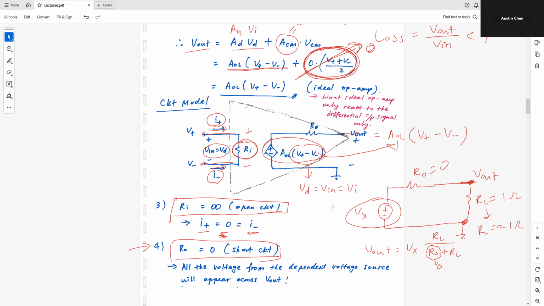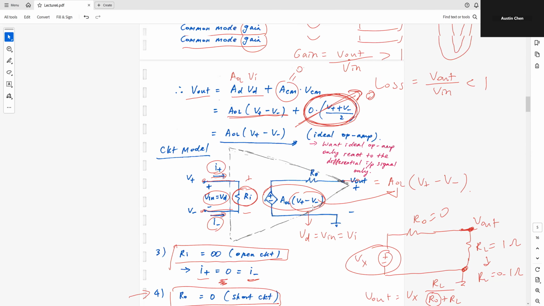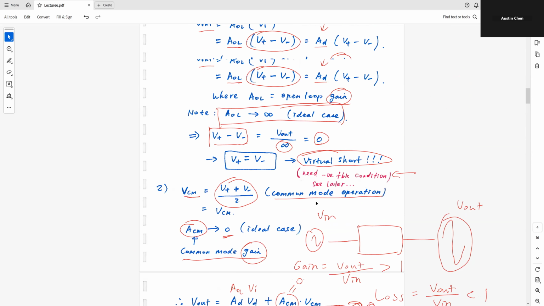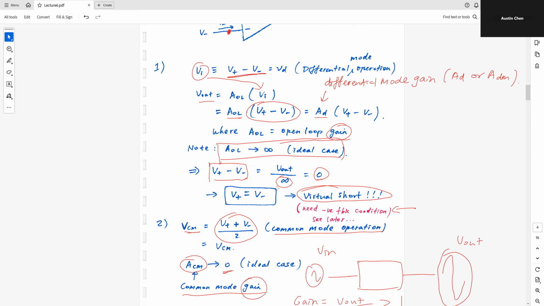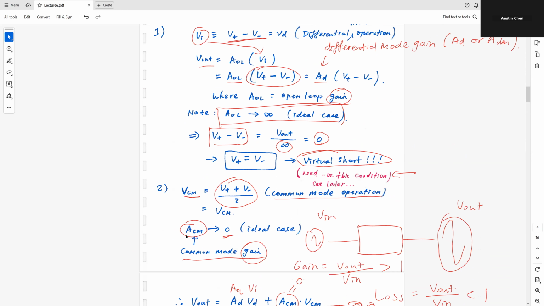So just to quickly recap here, we have four very important properties for an ideal op-amp. The first one is we want this AOL, the open loop gain, to be as large as possible, all the way to infinity. The second property is we want this ACM, the common mode gain, to be equal to 0.